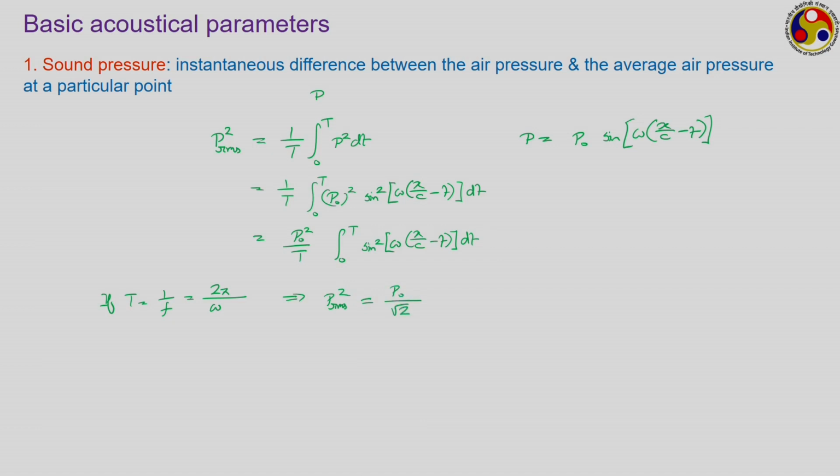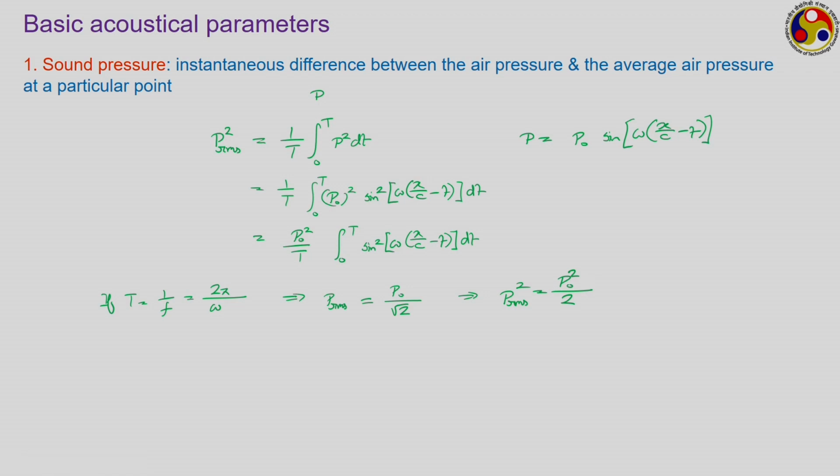That is, the square of this RMS value, P RMS square, will be equal to P naught square upon 2. So, this is the way we generally define the sound pressure for a periodic signal.